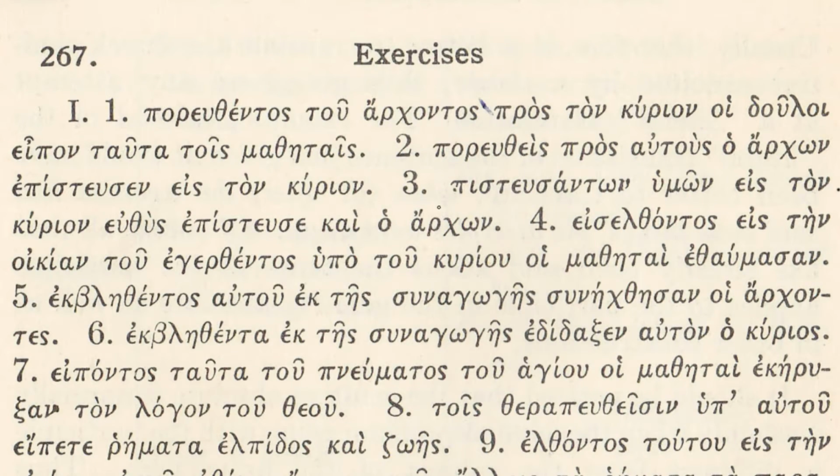And our third exercise, pisteusantōn humōn eis ton kyrion, euthus episteusen kai ho archōn. Well, I look here and I see pisteusantōn, that is an aorist active participle, and it's in the genitive, so I'm assuming we're going to have a genitive absolute going on here, but not necessarily.